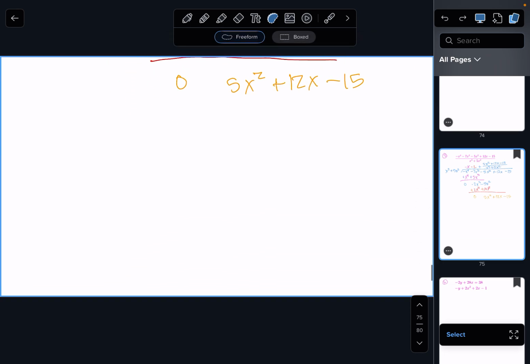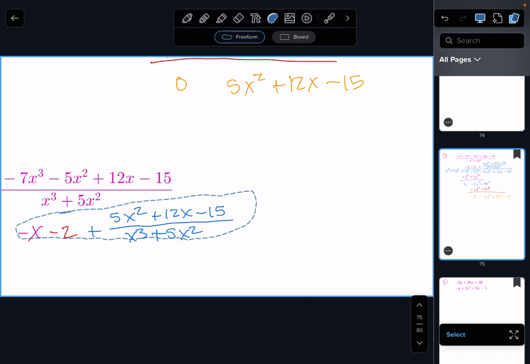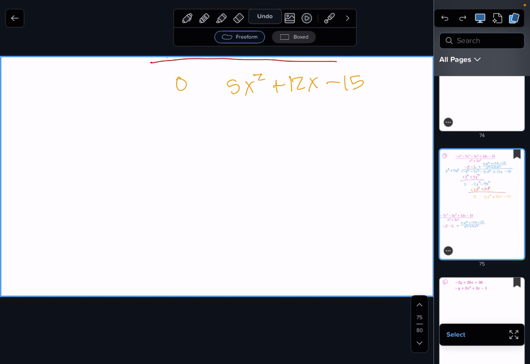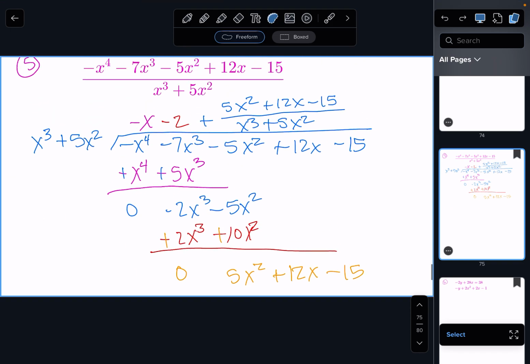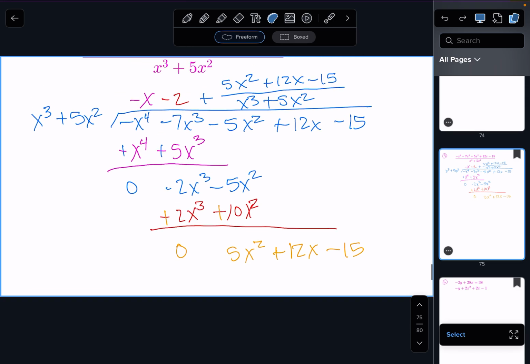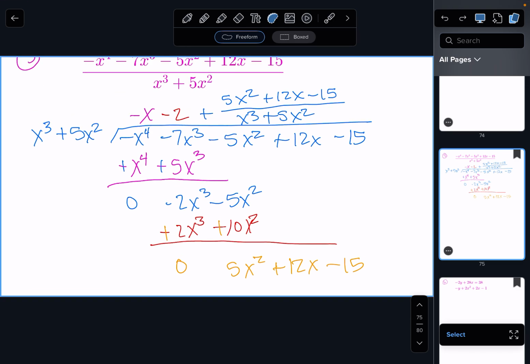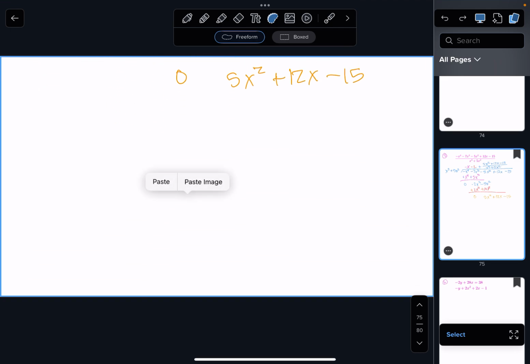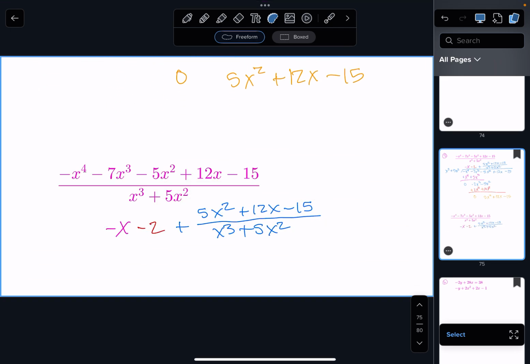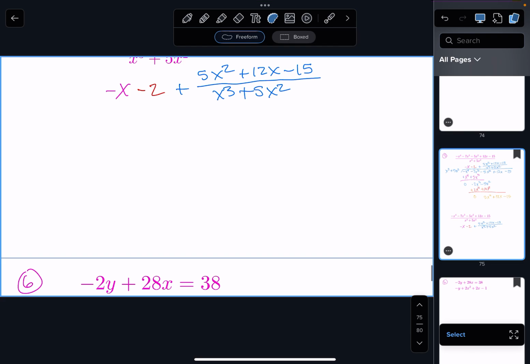So this is what I got from the long division. I don't want to rewrite all of that. Let's see if I can figure it out.